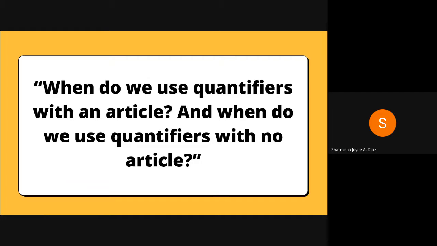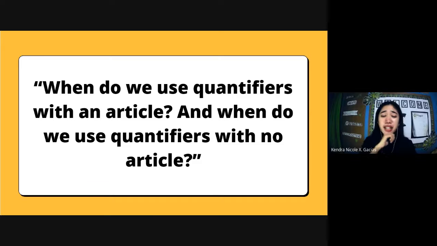So I think quantifiers with an article mean a small amount, but it is enough, and it also expresses a positive feeling, while quantifiers with no article mean a small amount as well, but it is not enough. And using this means to express negative feelings. All right. Great explanation, Mena. You really remember the lesson.